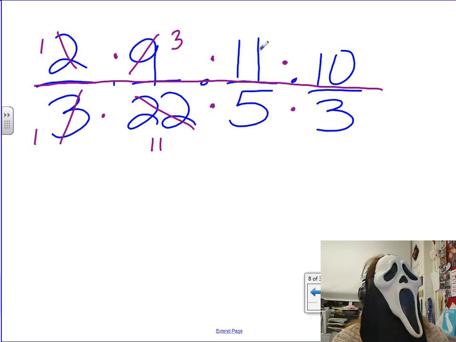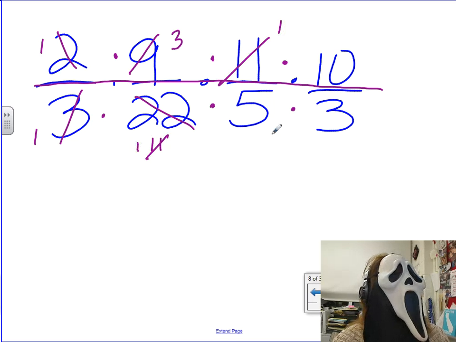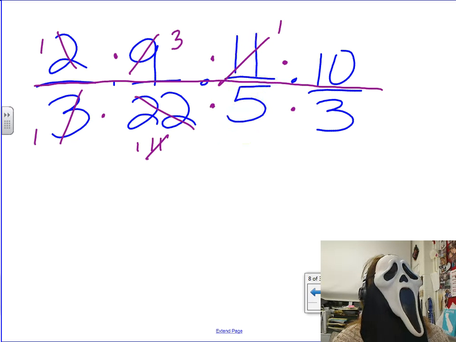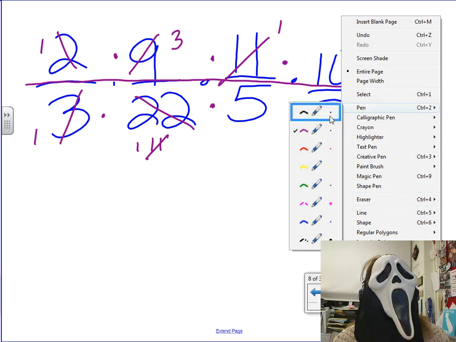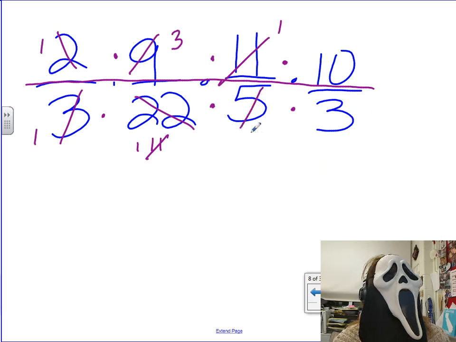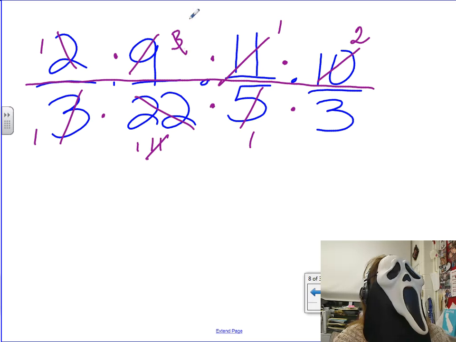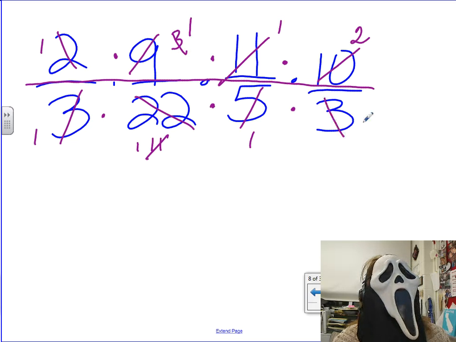Let's keep going. 11. Yes. Takes out this 11. 5 can go into, oopsies. 5 can go into the 10. I got to get my pen back. Yes. 5 goes into 10 twice. And don't forget, I still have a 3 in the numerator and a 3 in the denominator.